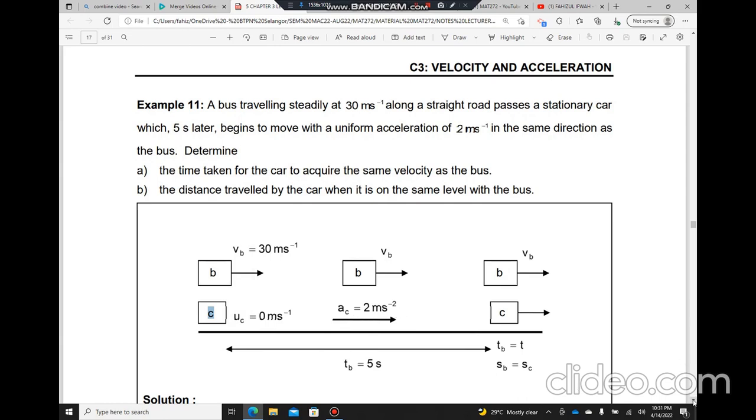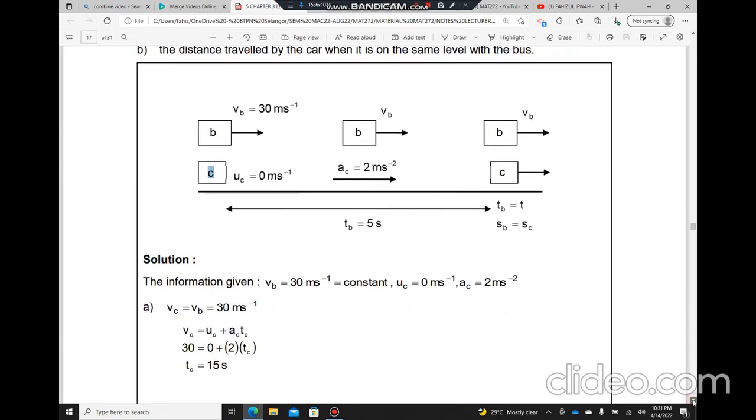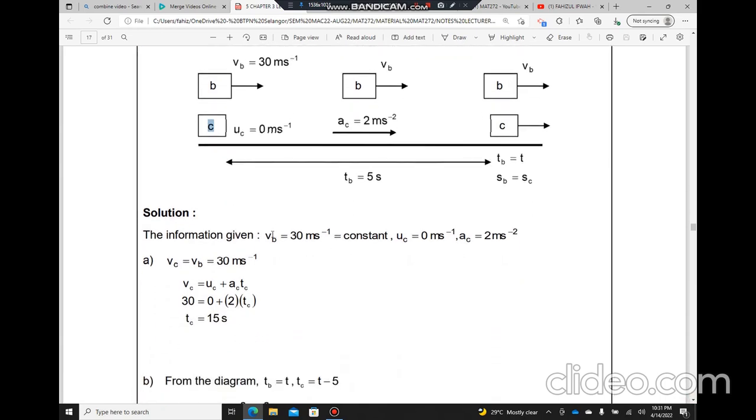The question: the time taken for the car to acquire the same velocity as the bus. So how much time is taken by the car to reach the same velocity as the bus. Information given: velocity of bus is 30 m/s, constant, and initial velocity of car is 0 because it was at rest, and acceleration of car is 2 m/s².